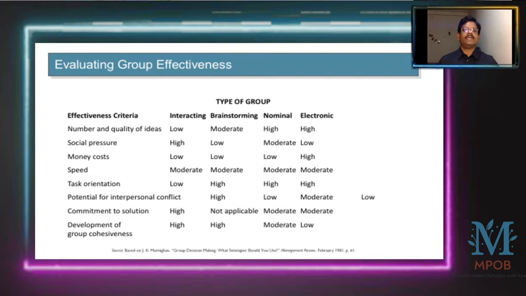You'll find the interacting group rated low, moderate or high, and then the brainstorming level. The table indicates how each type of group performs under each criterion.